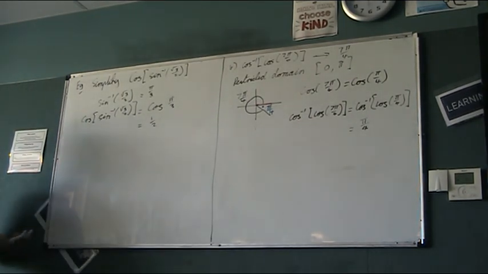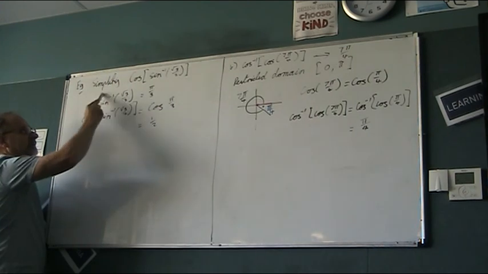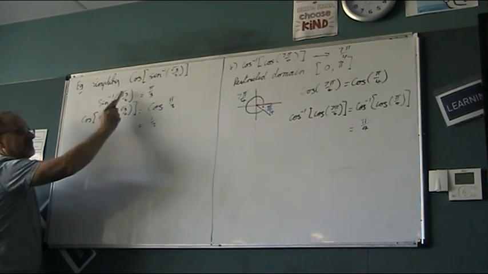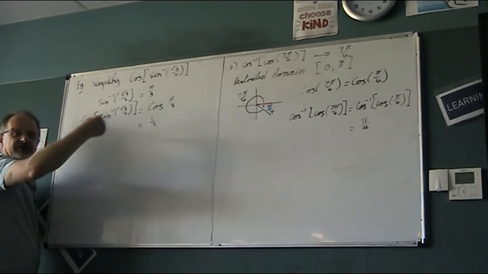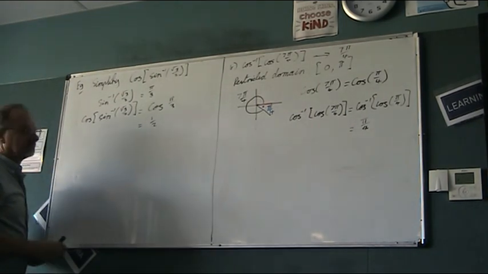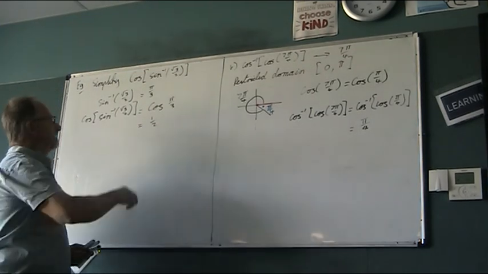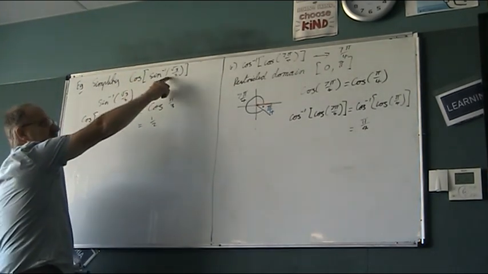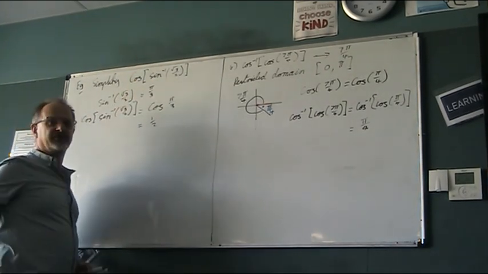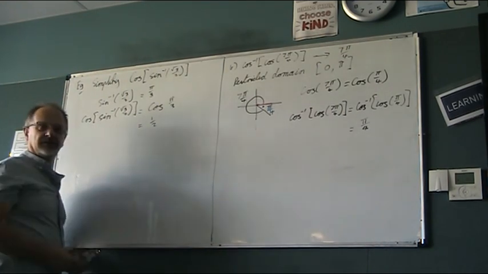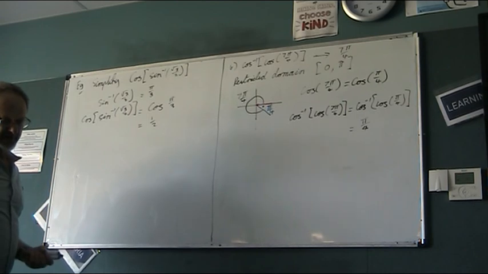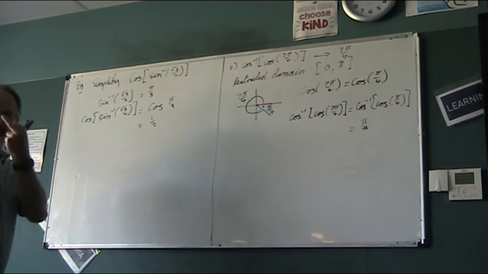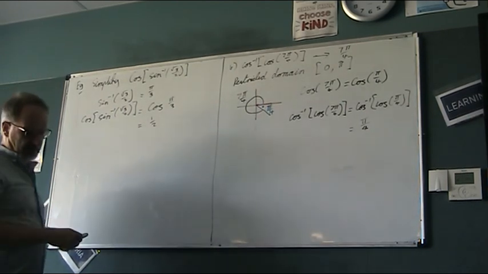So the only thing you've got to make sure is that when you do this first bit here, the angle that you use there is in that restricted domain. Because there's other angles as well that have a sine of root 3 on 2, but they're not in the restricted domain of negative pi on 2 to pi on 2.